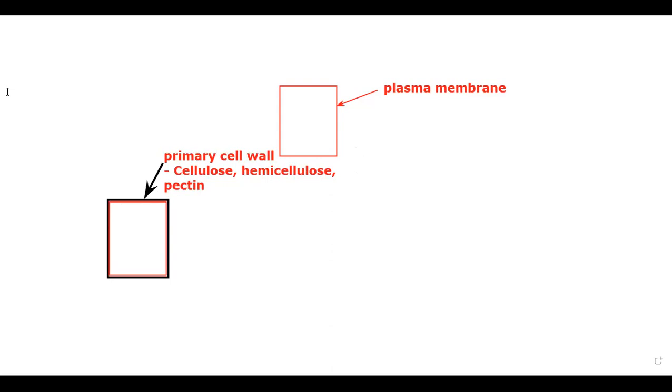Now, if you take this arrangement, in all plant cells you will definitely see a primary cell wall. In some mature plant cells, I'm confining it, some mature plant cells, right?